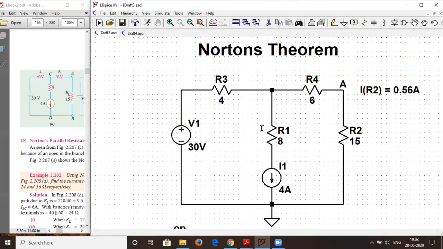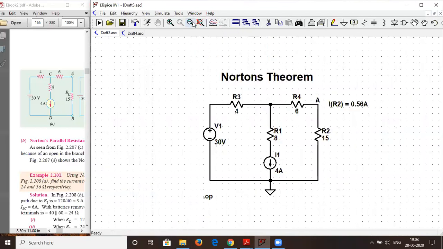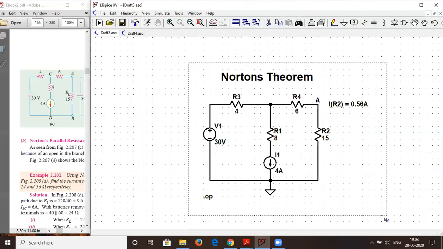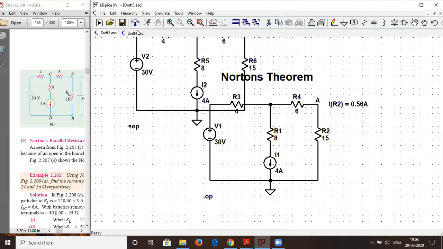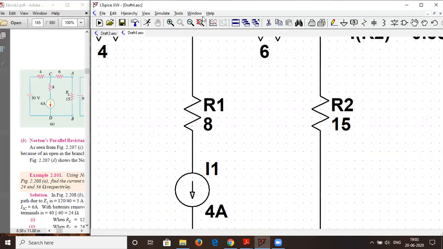If we run this directly on LT-SPICE, since it is a linear network, it will give you the results instantaneously and these are very accurate. But we have to follow this DC network theorem, that is Norton's theorem. So for the first procedure, we'll minimize this and copy the entire thing onto a new schematic.